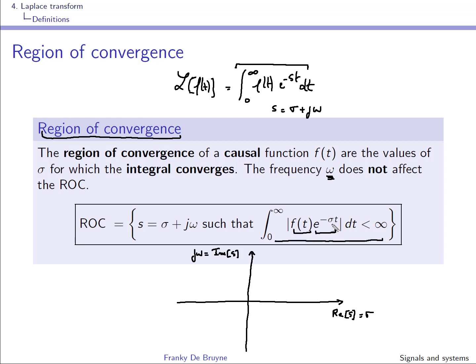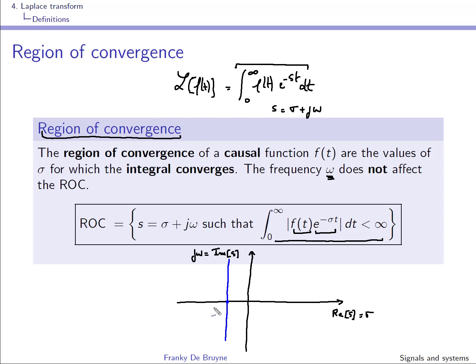Okay, so the larger sigma gets, the more chance you have that this integral is going to converge. So if sigma becomes large enough, at some stage this integral will start to converge. Also, this formula is not affected by omega, so it's independent of omega. So this means that the region of convergence will look like this. It will be to the right of some value here, sigma.